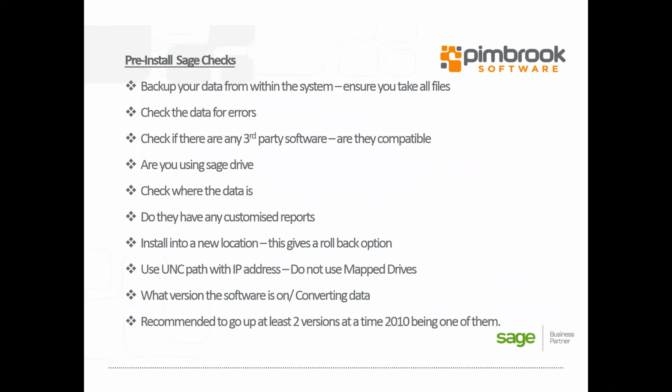Again, you need to check what version the software is on. If the data is on an old version, we would recommend that you go up at least 2 versions when you're rolling up the software. This is because if you jump too far, corruption can happen, or you could have currency issues if you don't go through version 2010, which would be version 16.